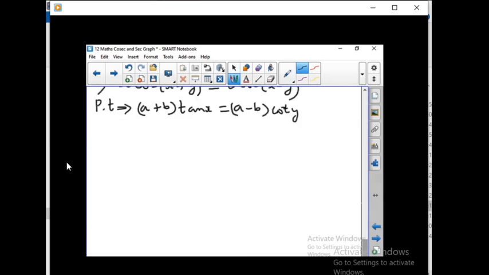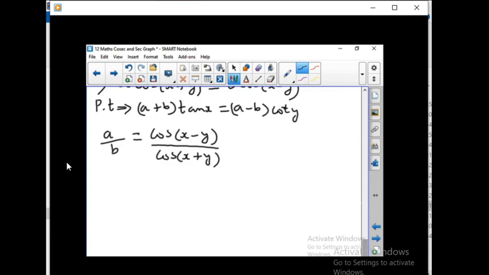So now given a cos x plus y is equal to b cos x minus y, so that can be written as a by b is equal to cos x minus y by cos x plus y. So now we are going to use cos alpha minus beta and cos alpha plus beta formula.